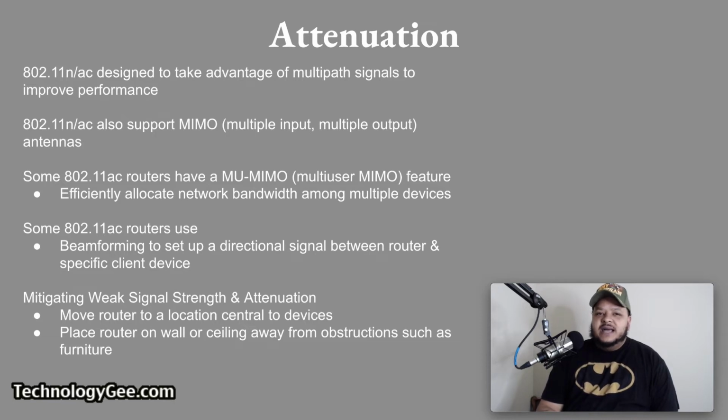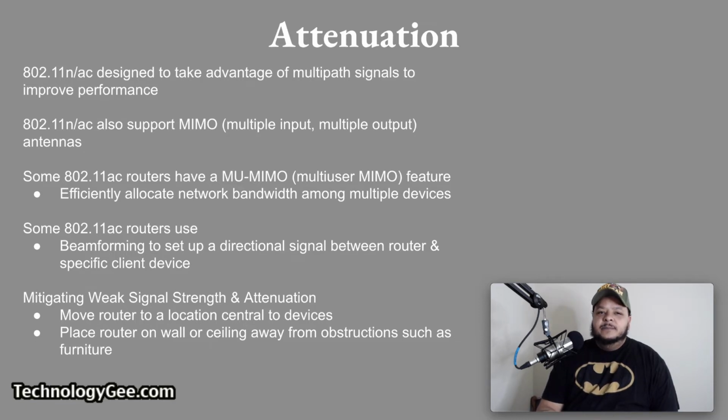Some 802.11ac routers add a feature called MU-MIMO, which is multi-user MIMO, to more efficiently allocate network bandwidth among multiple devices. Some 802.11ac routers also use a technique called beamforming to set up a directional signal between the router and a specific client device rather than just using 360-degree broadcast signals.